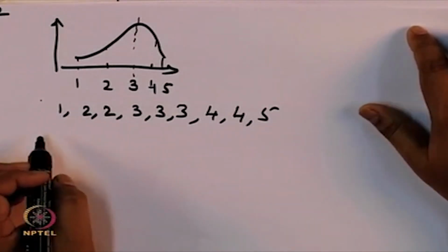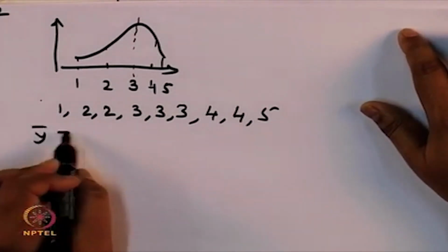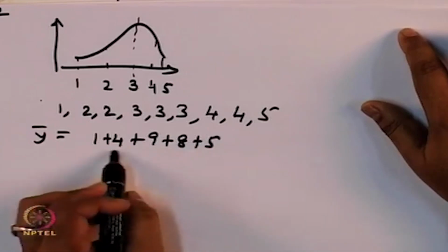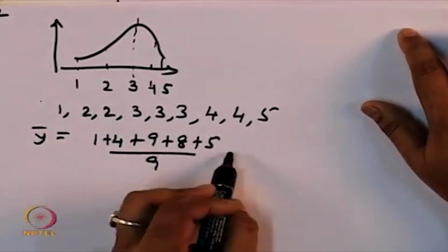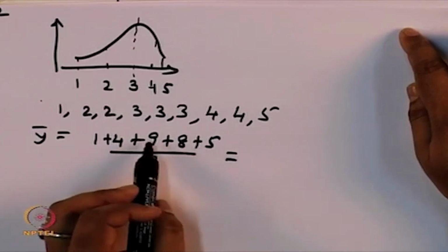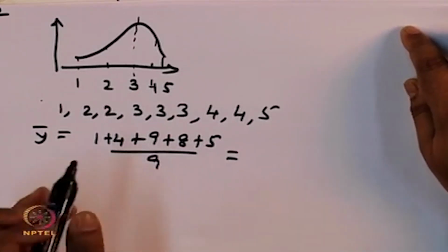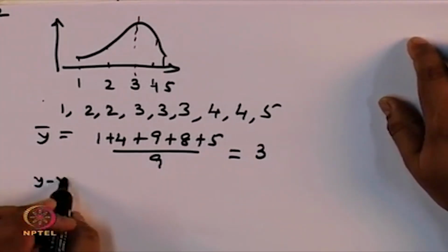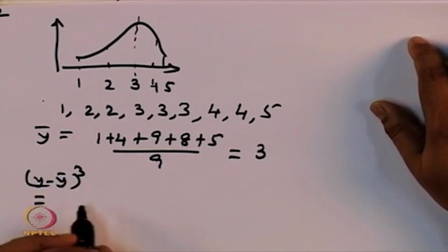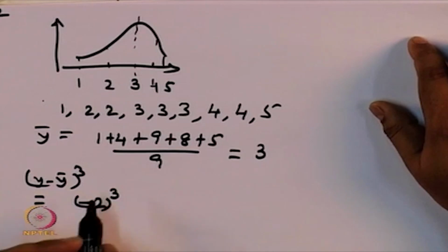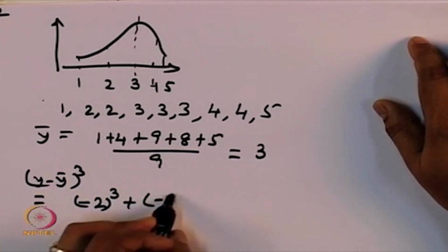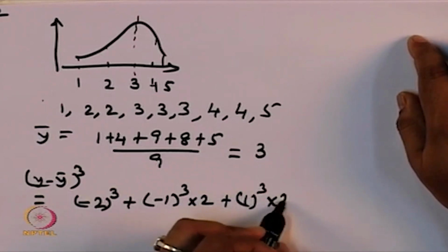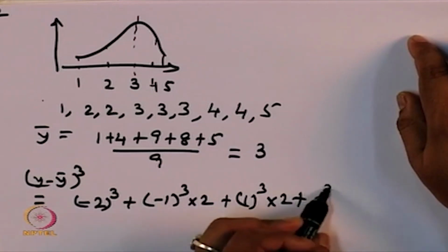Let us calculate the mean. So, y bar is going to be 1 plus 4 plus 9 plus 8 plus 5, over 9 numbers, which is 5 plus 5 is 10, 9 plus 10 is 19, and 8 is 27. So, y bar is nothing but 3. Now, summation of y minus y bar whole cubed is going to be minus 2 whole cubed, plus minus 1 whole cubed into 2, plus 1 whole cubed into 2, plus 2 cubed.